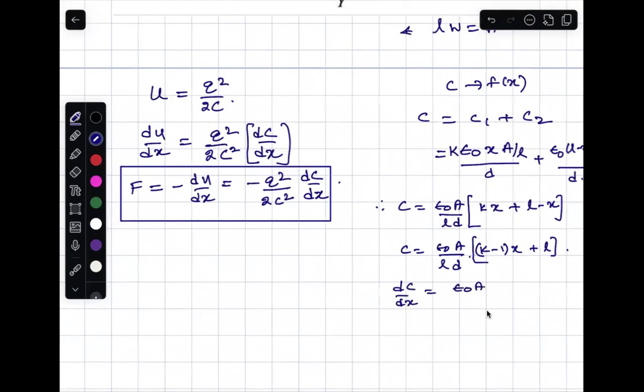Simply epsilon naught A by LD times K minus 1.